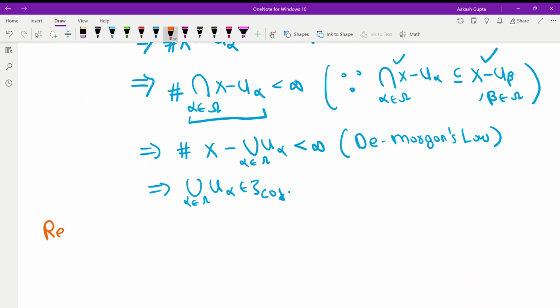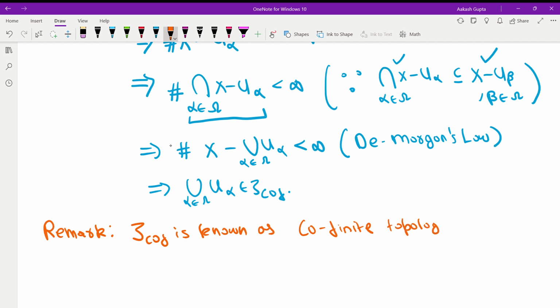Okay. Now let me just name this very special topology. So, remark. Tau COF is known as the co-finite topology. You may ignore this dash also while writing. So, co-finite topology. Why?